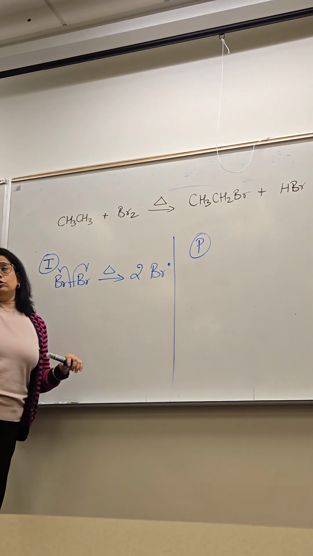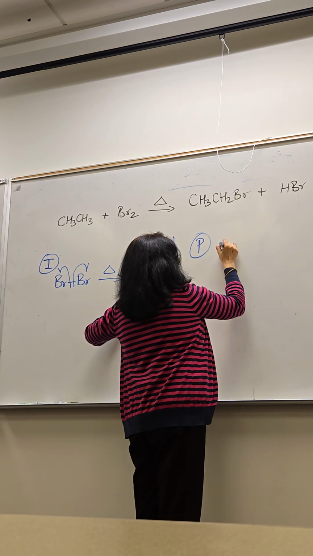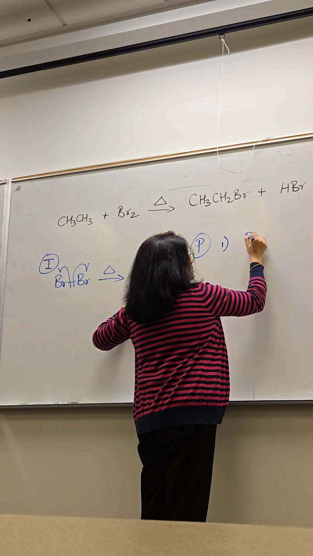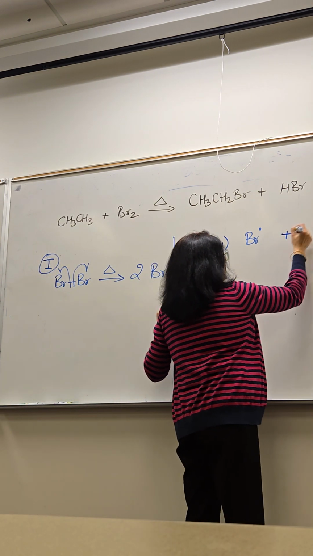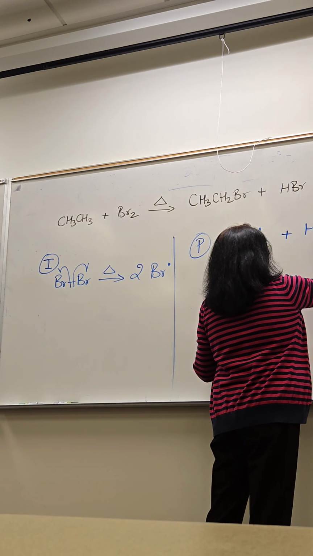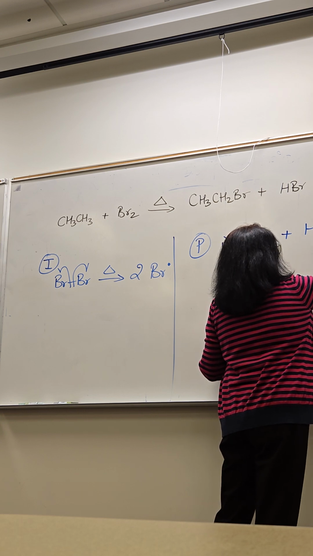Propagation stage is, remember those 4 bullet points that you must make sure are being met. So first step, the halogen radical that's created is now reacting with the alkane.